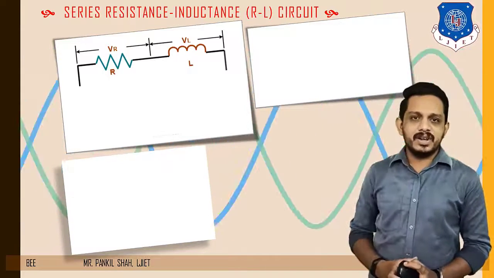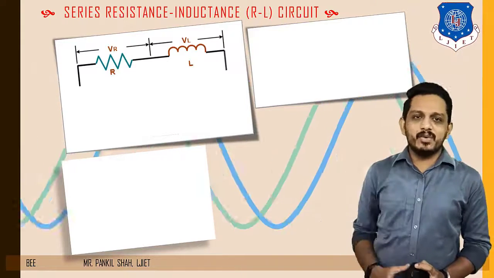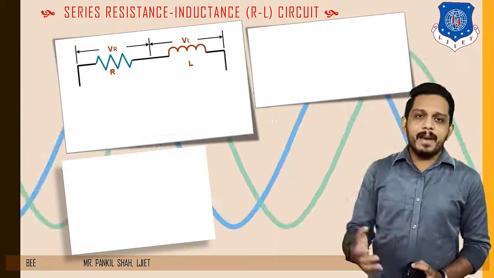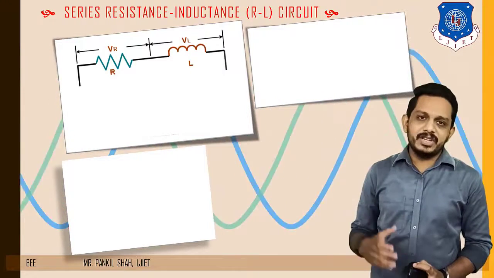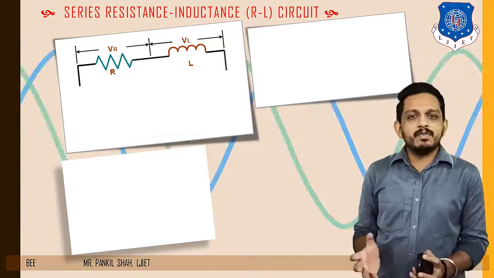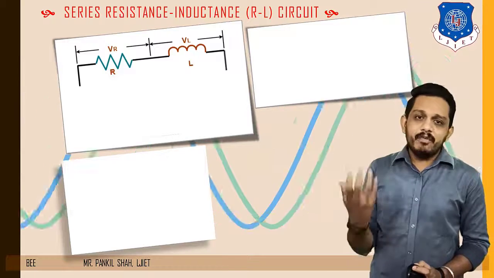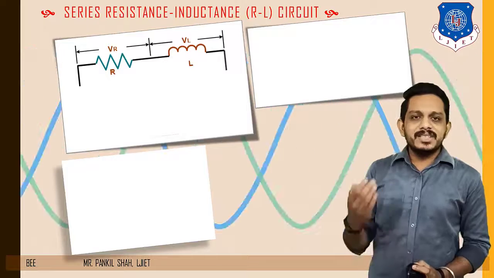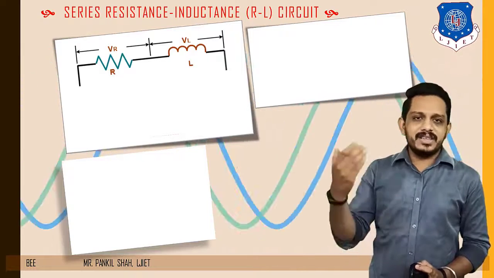This combination is known as the RL series circuit. Now if we apply some source of energy to this combination, then this forms a circuit. And if we apply AC voltage to this circuit, then this is a series RL AC circuit.